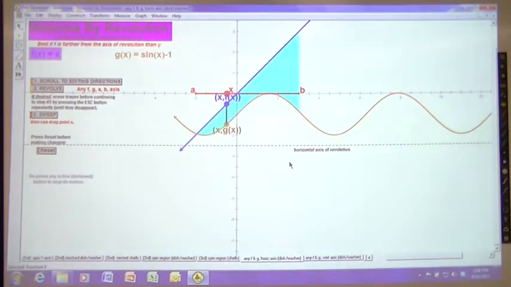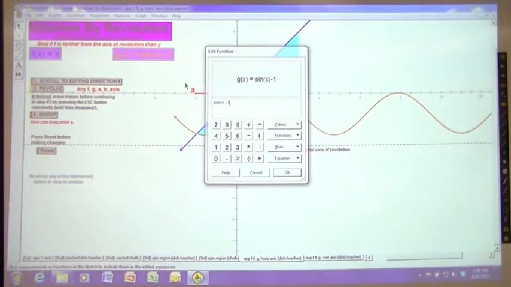Okay, so y equals x, and our second function is y equals x squared.